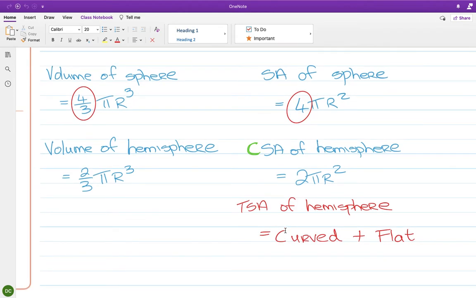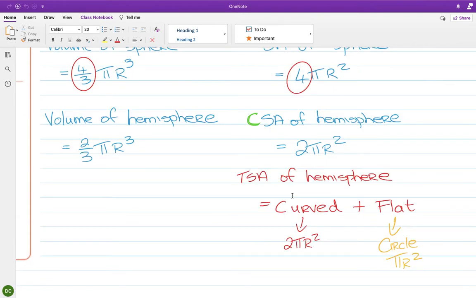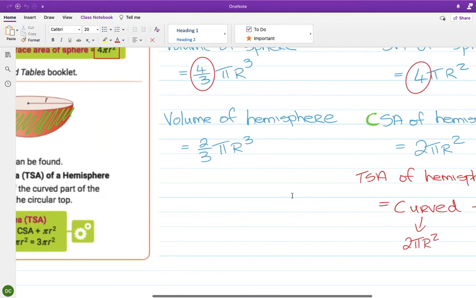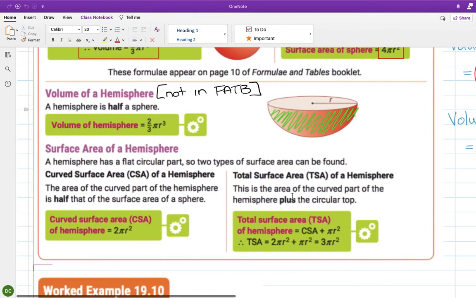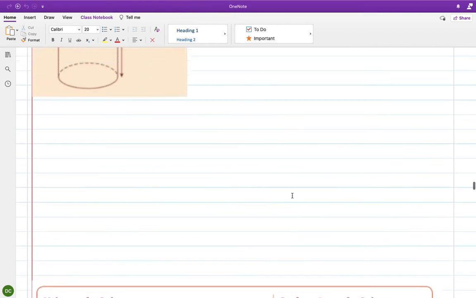Now we know the curved part is 2 pi r squared because that's up above. And what's the flat part? It's just a circle. So it's pi r squared. Okay, so that's all the formulas, or the formulae.